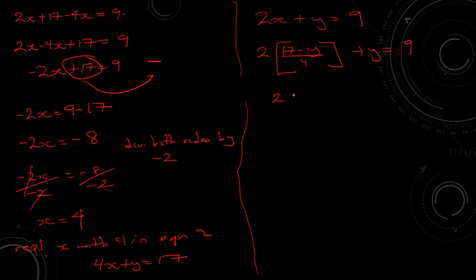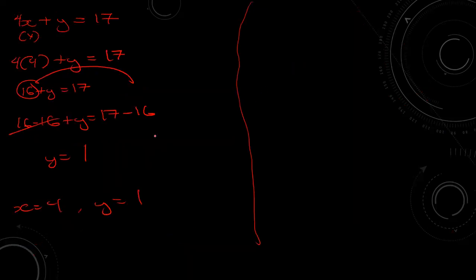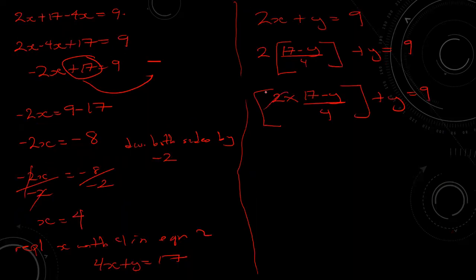We can have 2 times 17 minus y over 4 plus y equals 9. Okay, so since 2 can go in 4, you can say this cancels out. So we're left with 17 minus y over 2, all right, plus y equals 9.